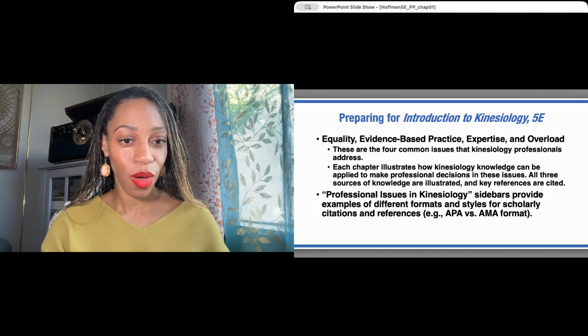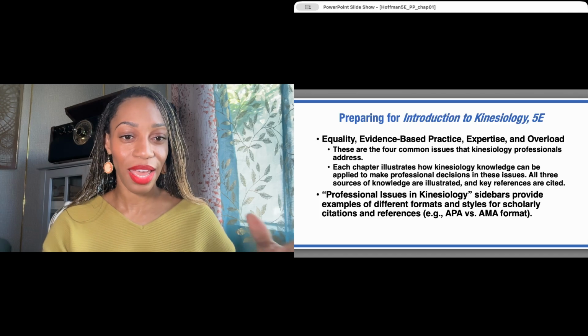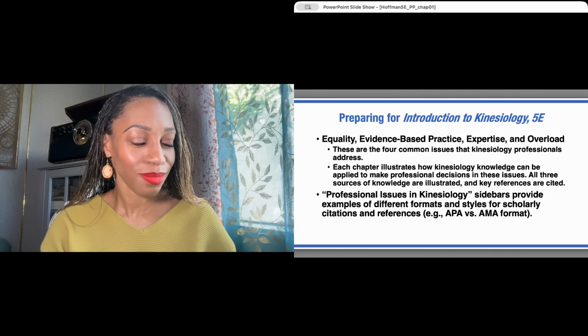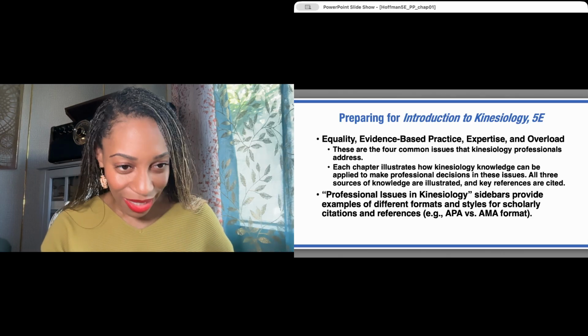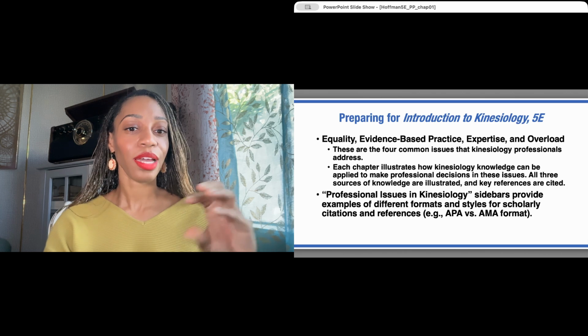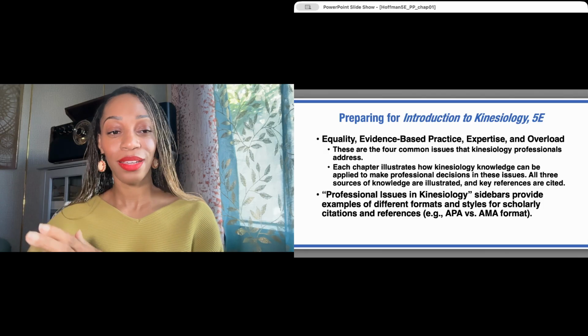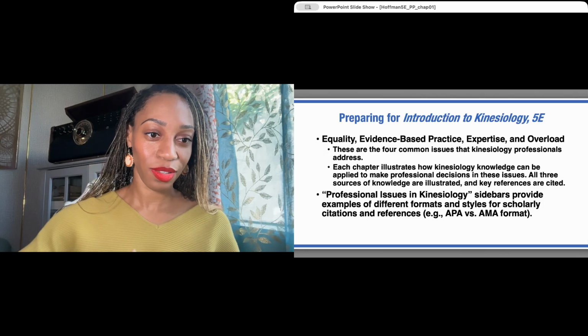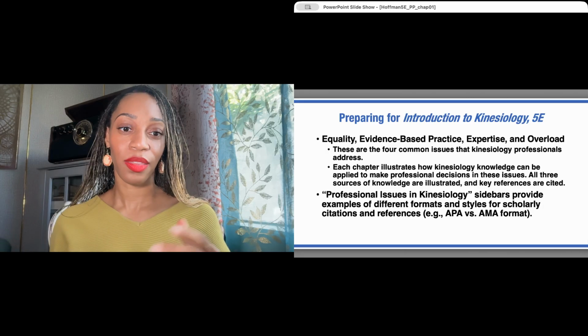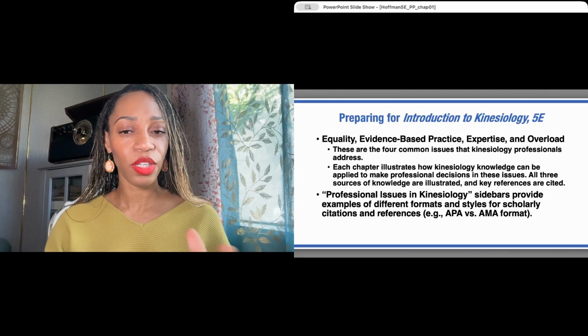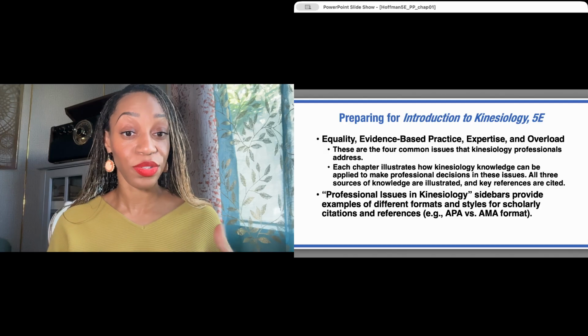So quality, of course, evidence-based practice. That means there's proof, not your opinion, proof. Expertise, which is usually based on practice and scholarly knowledge that you have implemented and applied. And then overload. And each of these chapters will help you understand these areas.